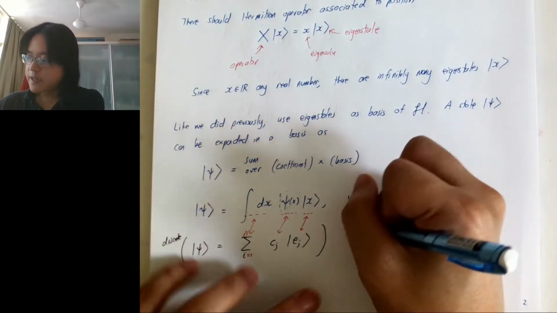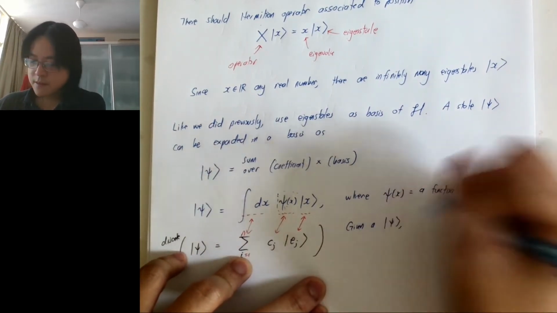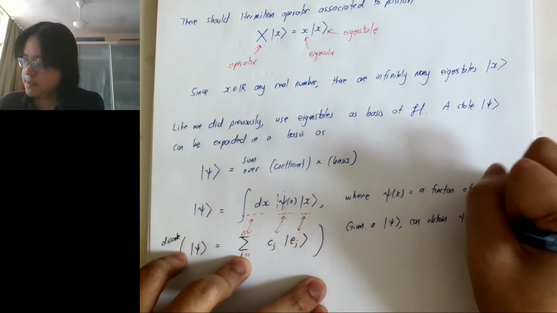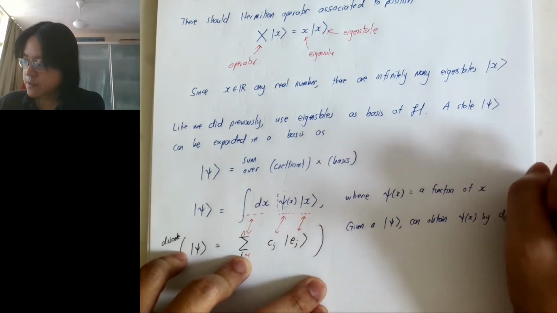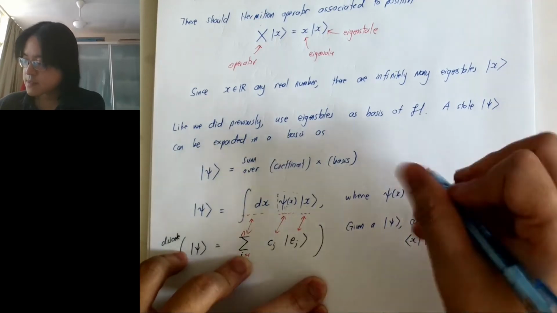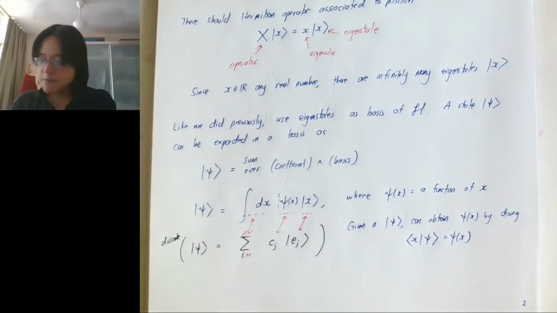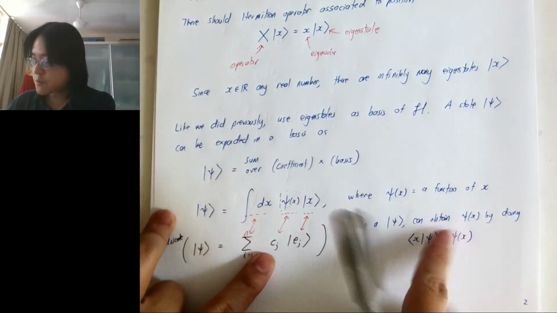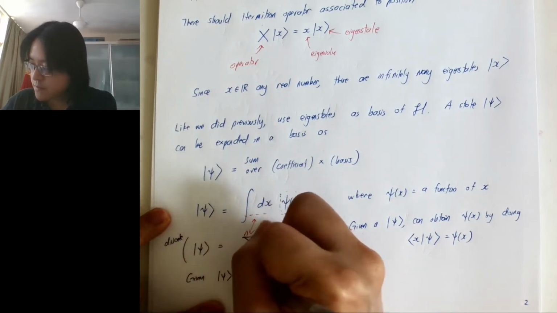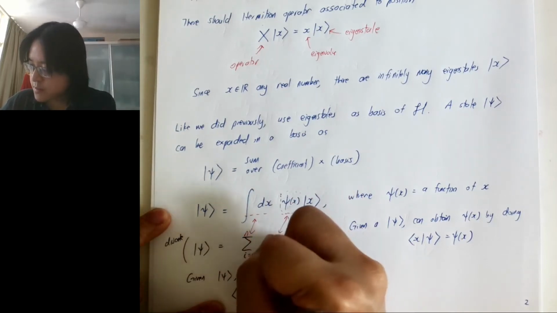Therefore, given a state psi, we can obtain psi of x by closing this with the basis. This will give me psi of x. Remember last time, compare and contrast: given psi, we obtain Cj by doing Ej psi.